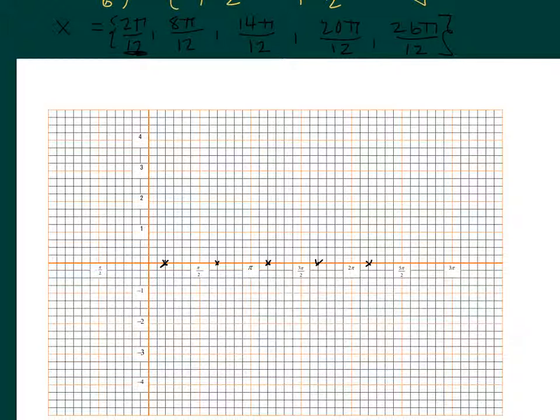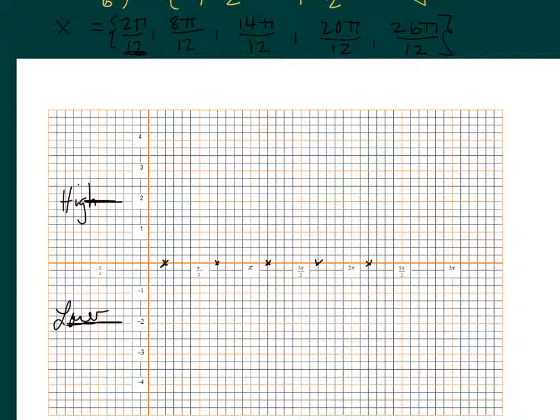And the amplitude here was 2. So from this center line, we go up a distance of 2 to get to the highest point on the curve, and down a distance of 2 will put us at -2 on the y-axis, and that will be our lowest points that the curve touches. So then we draw our shape, or we could go ahead and put some points in here.